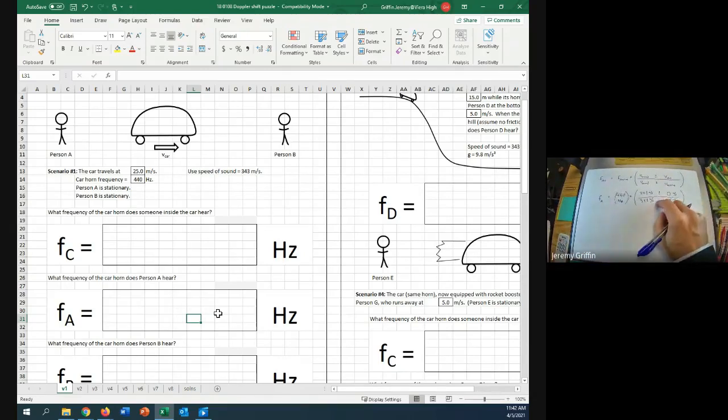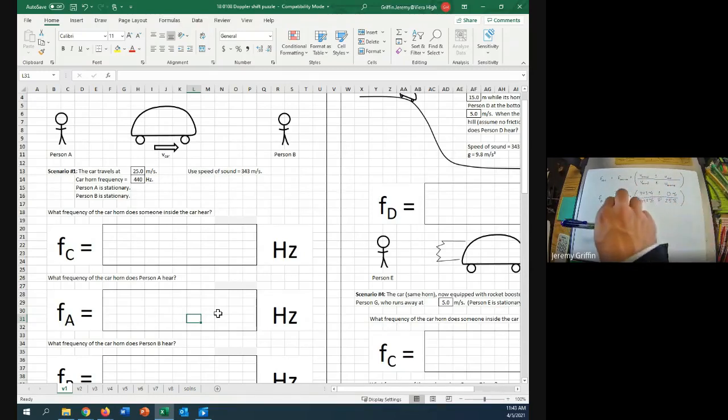Now here's where I have to figure out plus or minus. Different textbooks explain it different ways. Some textbooks define it by the direction of motion. I like to reason it out case by case. The car is going away from person A, so should that lead you to adding or subtracting down here? You're right, it is adding for person A. Why? Because that makes the denominator bigger, which makes the overall fraction less than 1, maybe like 0.9 something.